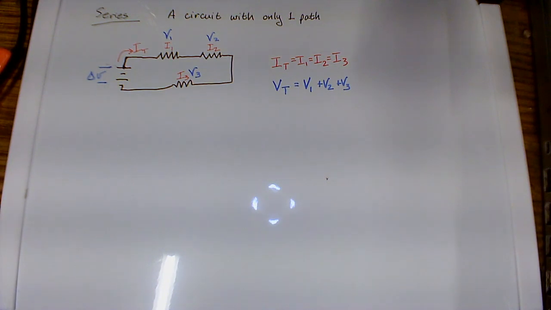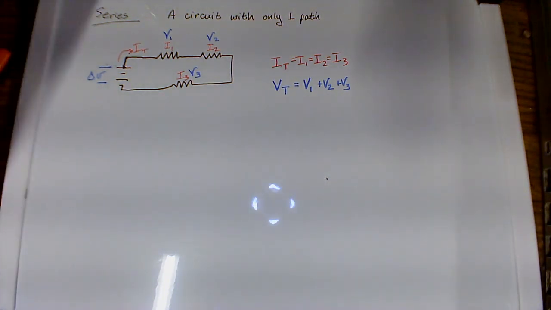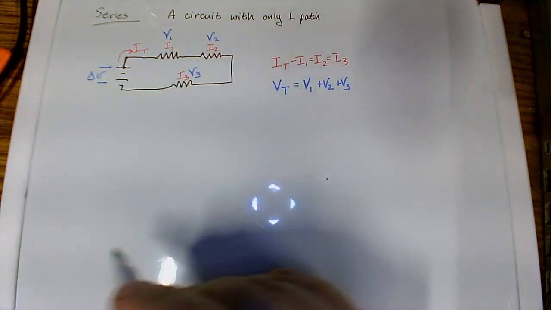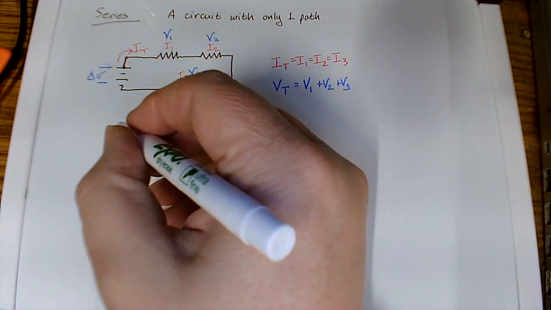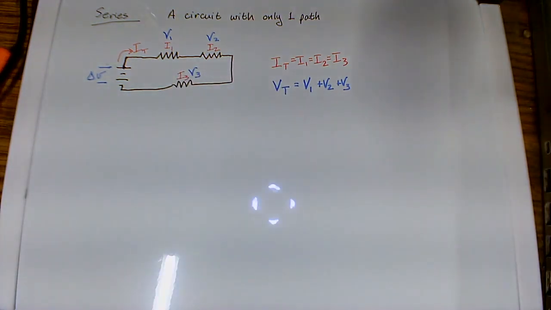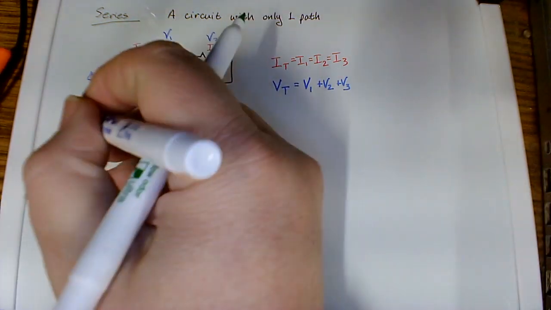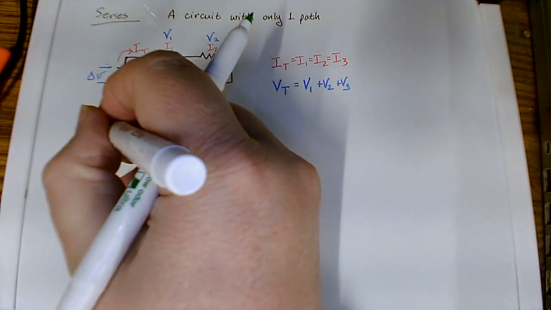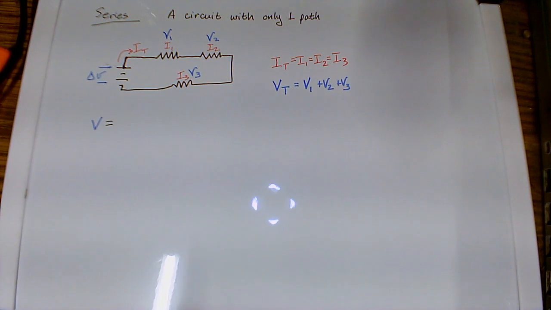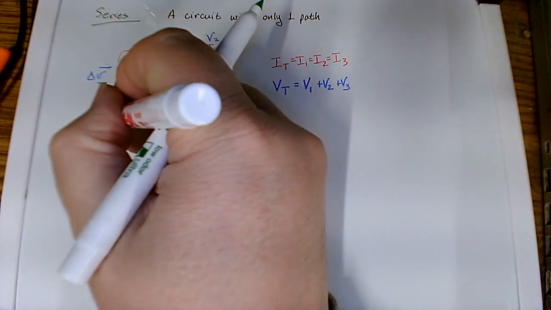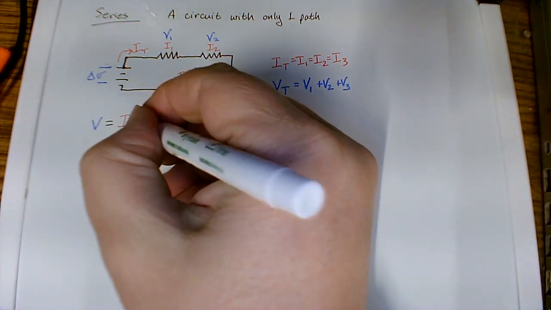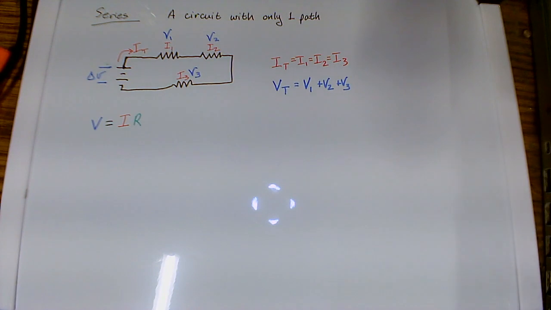And lastly, we quite often want to look at things like resistance. Now, the resistance in a circuit can go back to Ohm's law. Now, we said that Ohm's law was V equals I times R. Now, in this case, we want to find resistance.